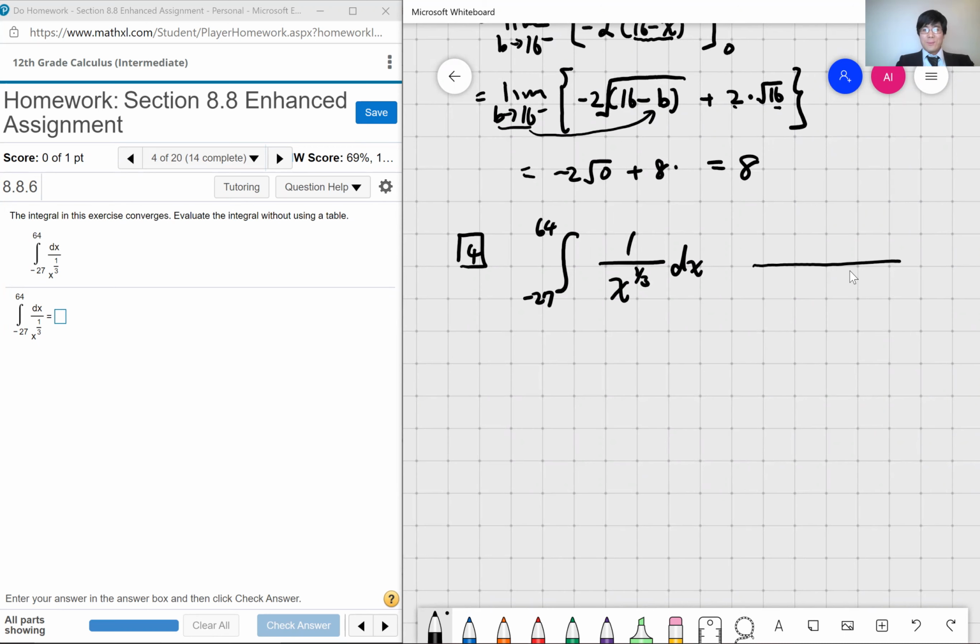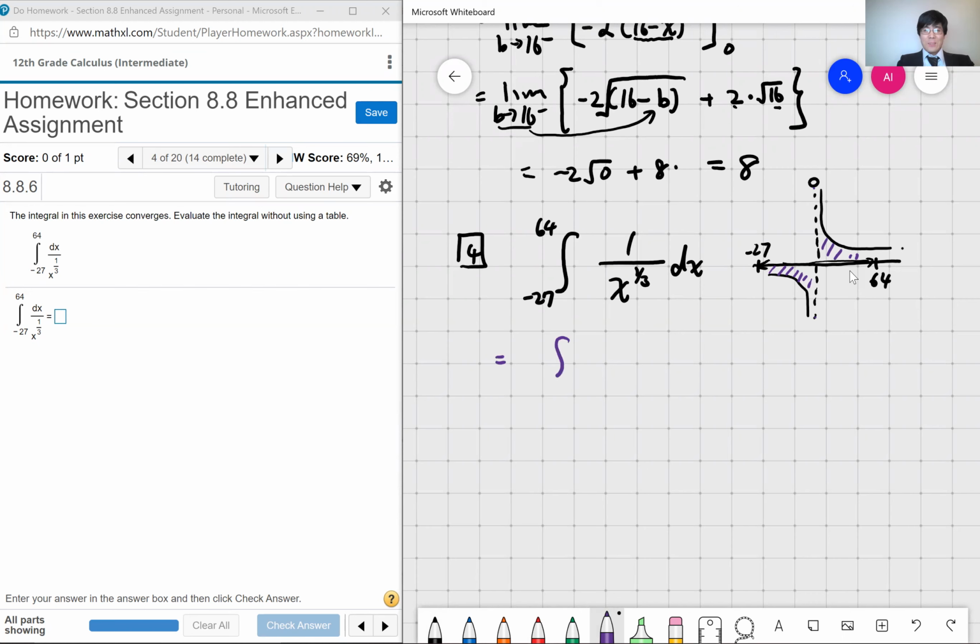So the graph has a vertical asymptote at x equal to 0, something like this. So we cannot integrate from negative 27 to 64 directly because the function is not continuous. It has a value in this part and this part.